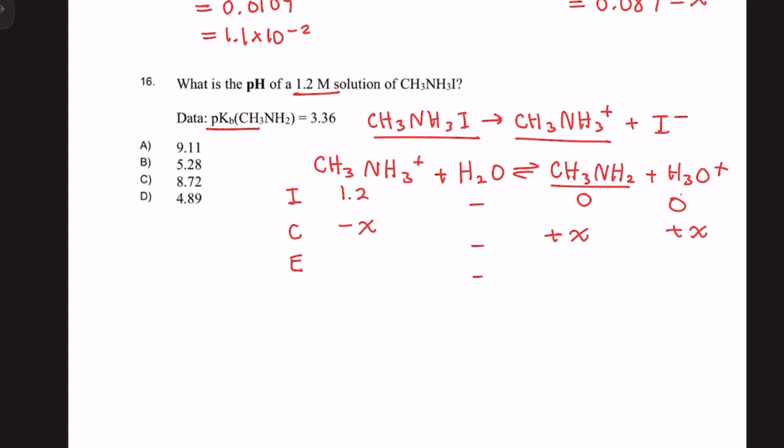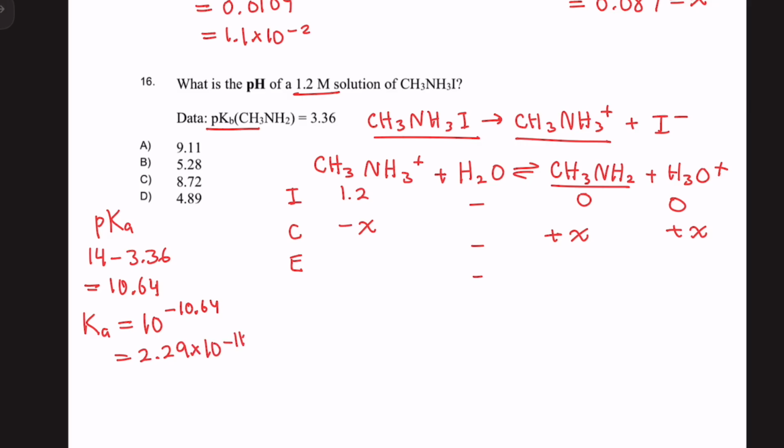Because this is actually an acidic solution with hydronium in it, we need to do 14 minus 3.36, and this is the pKa value, which is what we're looking for, and this is 10.64. And now in order to find the Ka value, it's 10 to the negative 10.64, which will give us 2.29 times 10 to the negative 11. So that's the Ka value of this reaction.